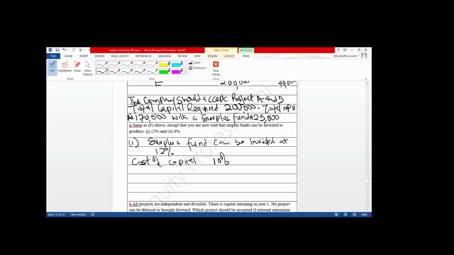If you invest surplus fund, you are going to get a return of 12%. Do you think we should invest the surplus fund or not? Should we reinvest this surplus fund or not?